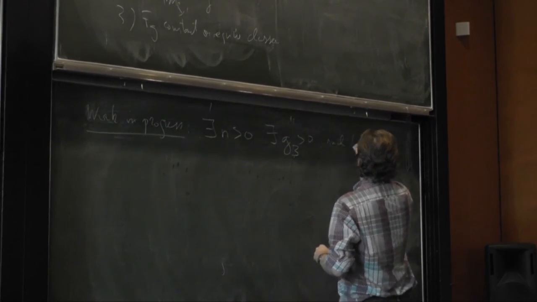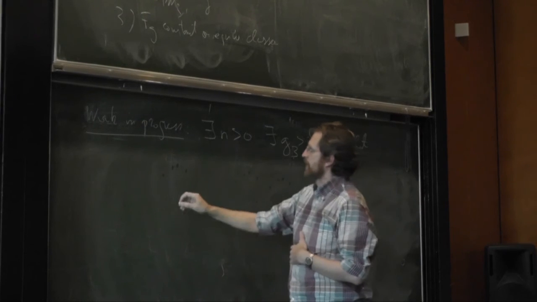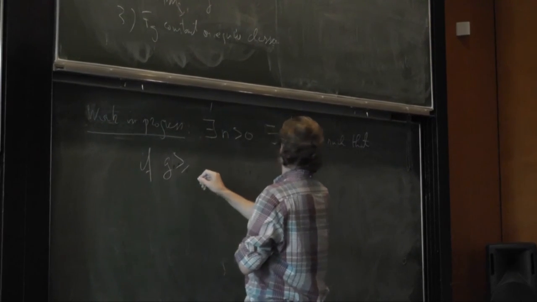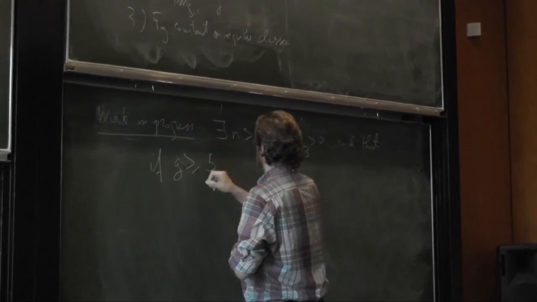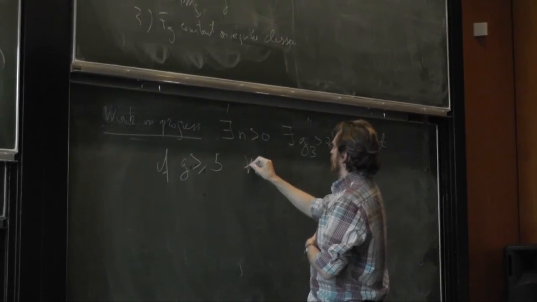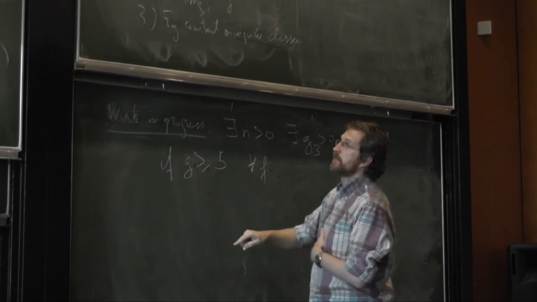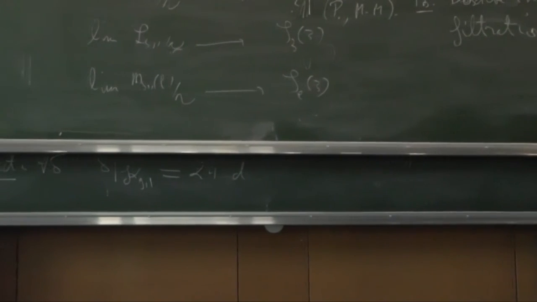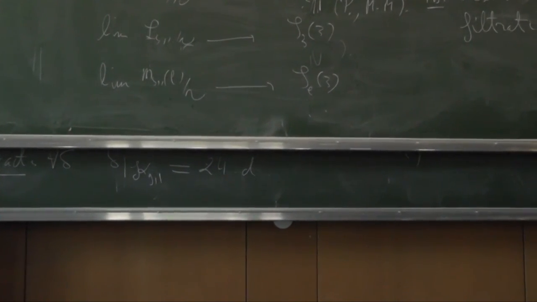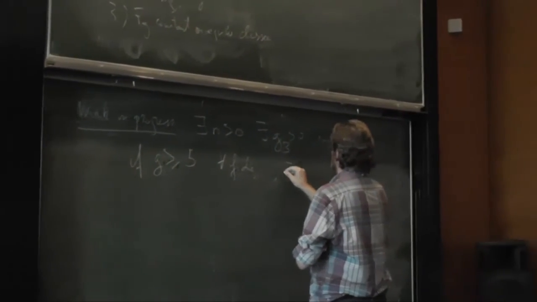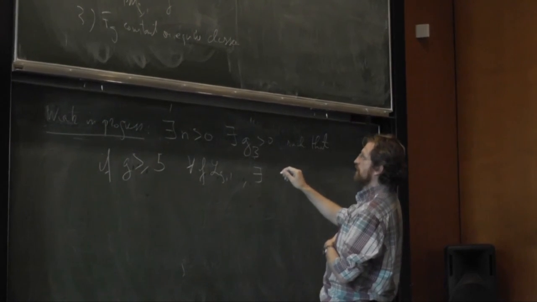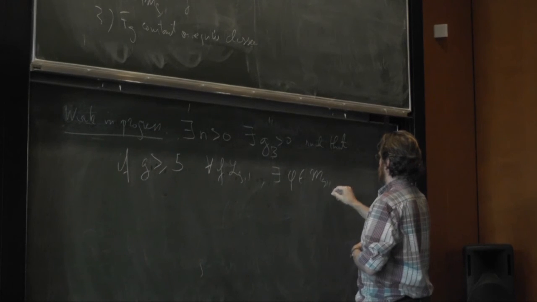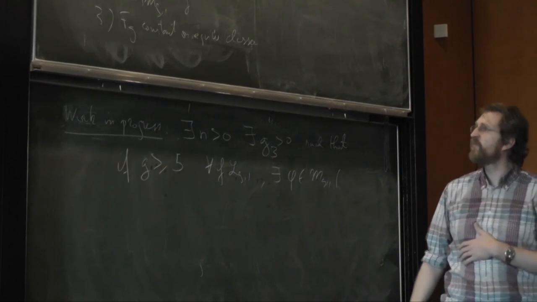Such that if your starting genus is at least 5, you take any element f here in this group LG1, then there exists an element phi in the next step, so it should be MG1, 4.